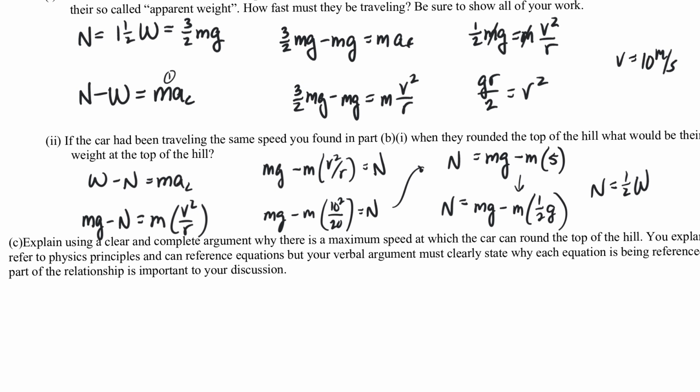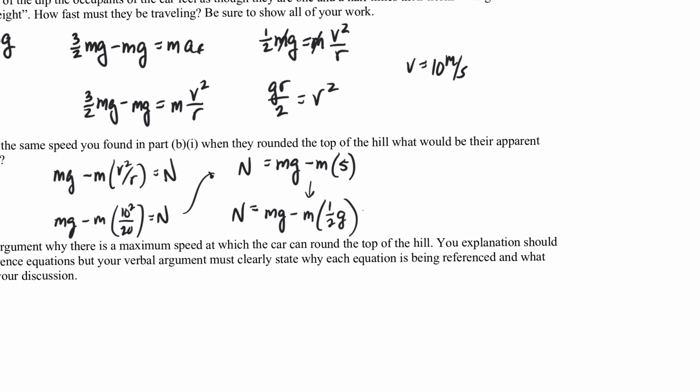Okay. Any question about what I did there? Go ahead. I understand how we got from mg minus 5 to mg minus 1/2 g, but could you reiterate how we went from that to n equals 1/2 W? N equals mg minus 1/2 mg, right?